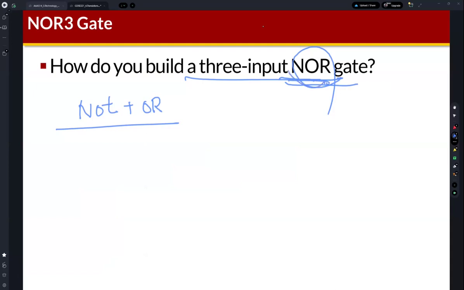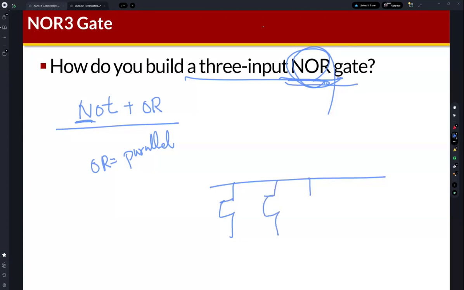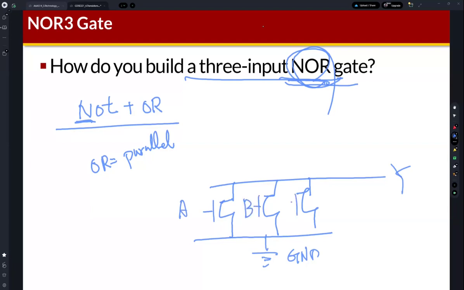This is NOR, or, which is parallelly connected, but this is not. From the ground, this is Y, and then this is A, this is B, this is C. So what is this?